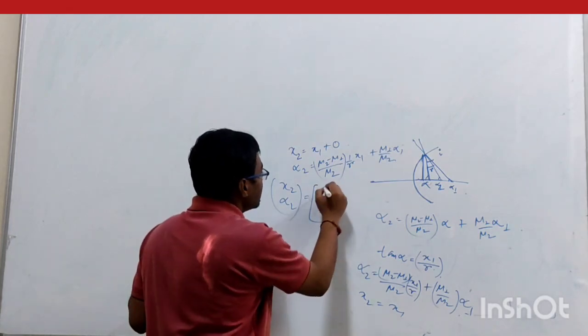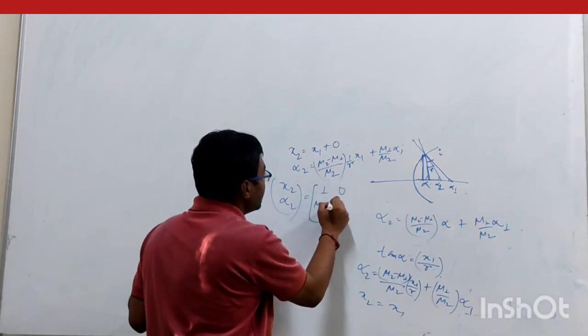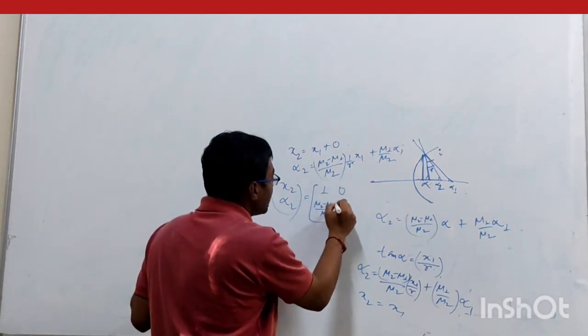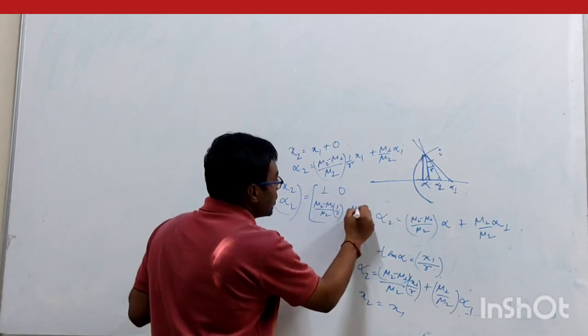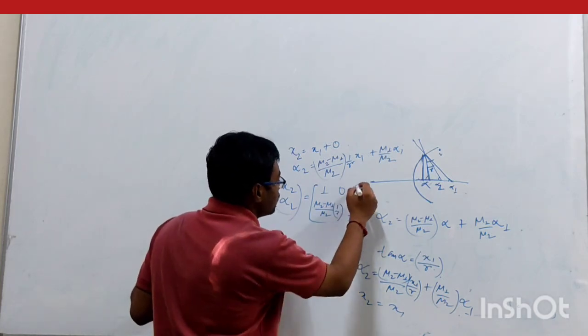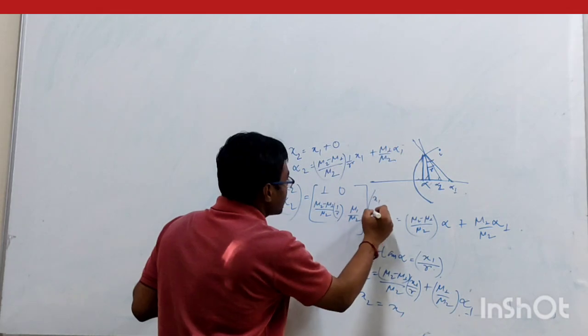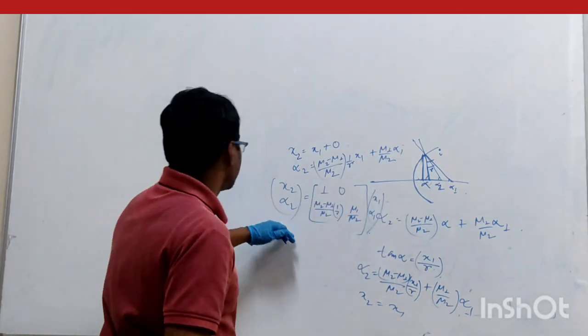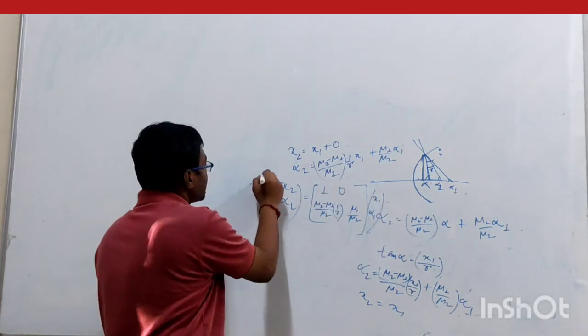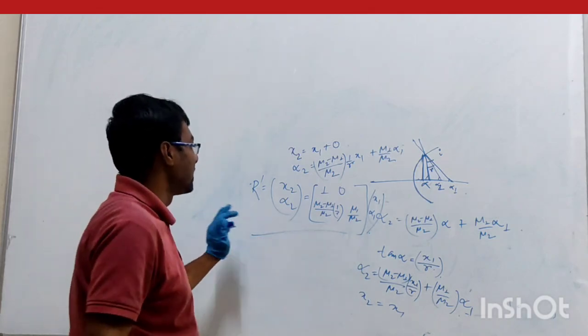So the matrix will be 1 0 mu2 minus mu1 by mu2 into 1 by r, mu1 by mu2 into x1 alpha 1. So that will be the representation of the refraction matrix in matrix form.